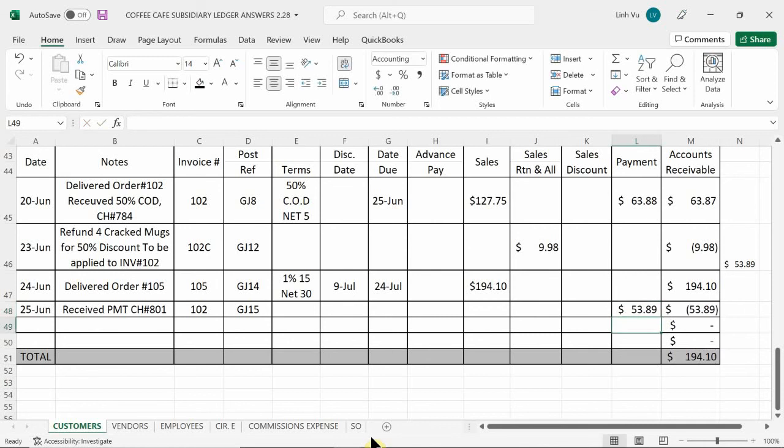And that means the corner bookstore currently owes me $194.10, which is correct because that was the most recent invoice that we just issued to the corner bookstore yesterday, on the 24th of June. So this is how much they truly owe me now, after receiving their check.